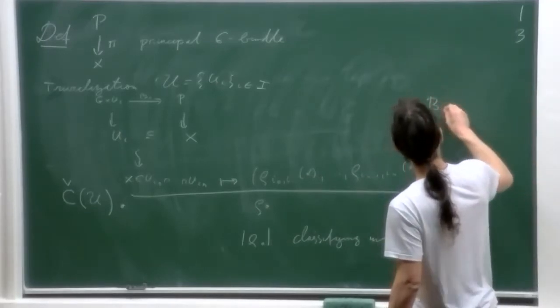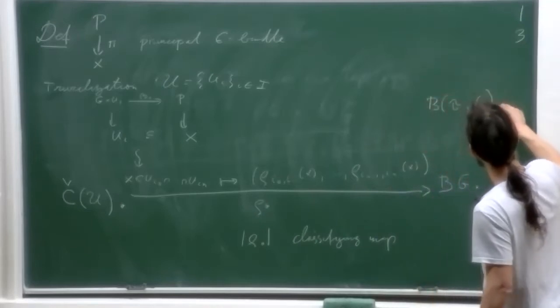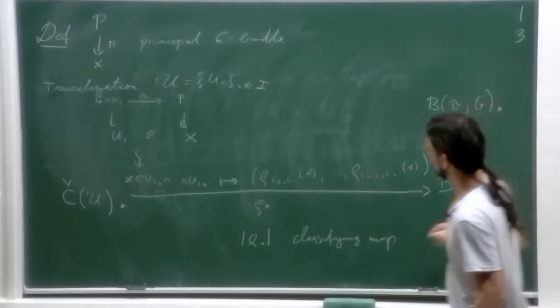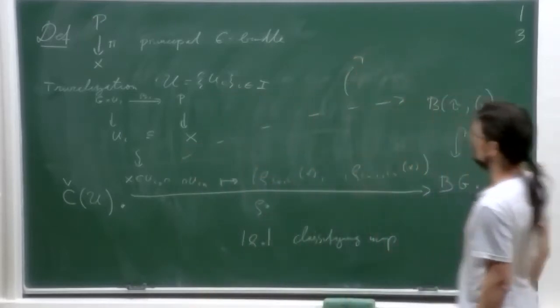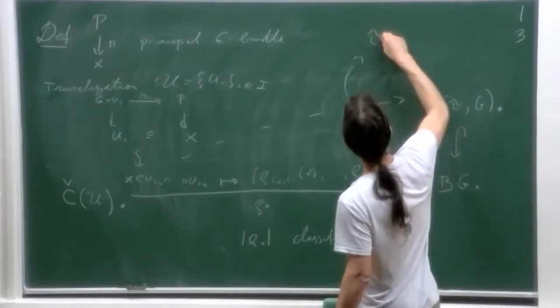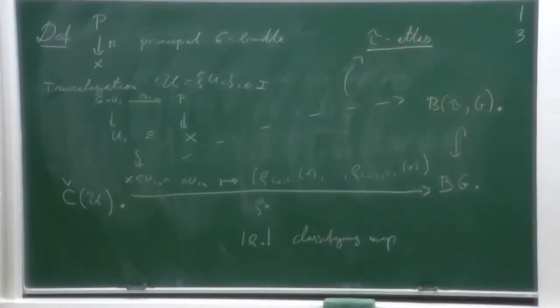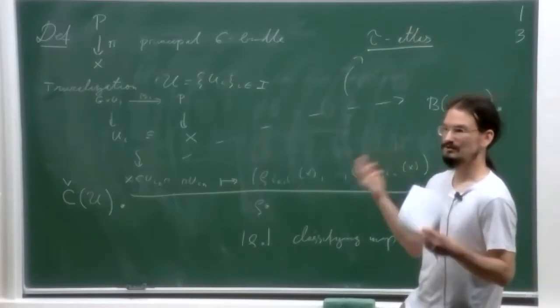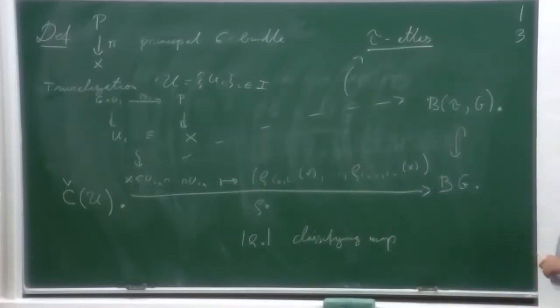So if there's a factorization like this, then we're going to say that we're dealing with a tau atlas. And this is the notion with which we want to generalize the classification result for commutative structure.